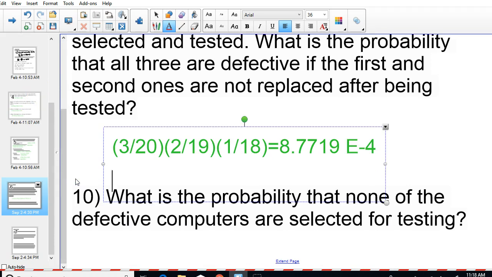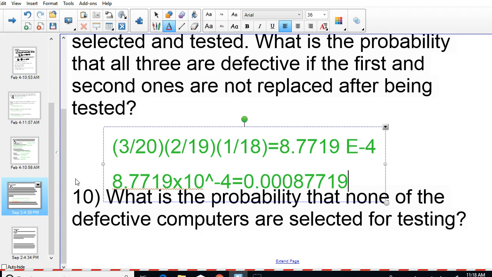Scientific notation means 8.7719 times 10 to the -4, which means we need to move the decimal place 4 places, so it'd be 0.0008779. So with this method, it'd be very unlikely for you to pick all 3 of the defective computers.